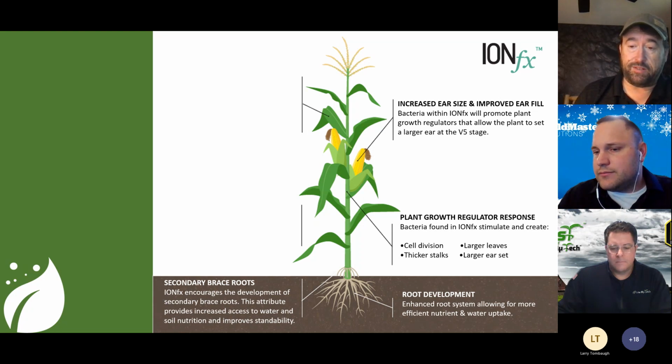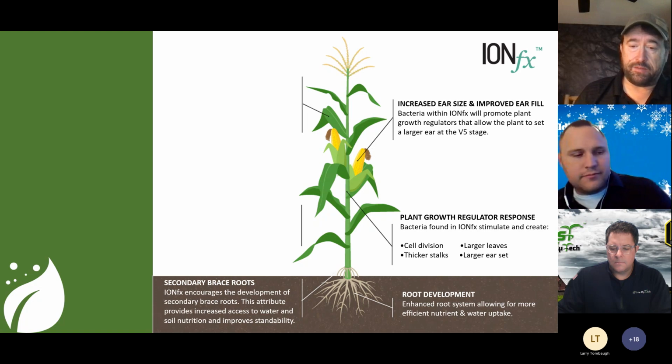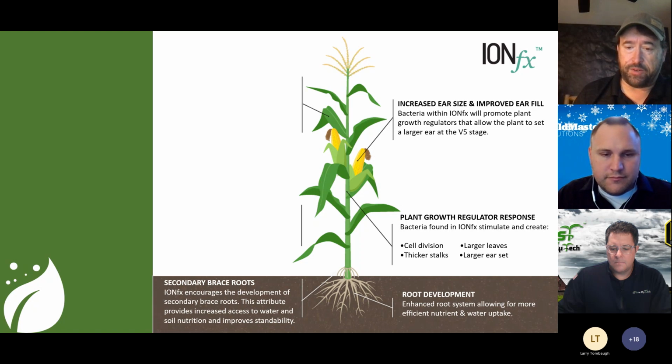It is genetically tied, so it is based on the genetics. The extra rows are very beneficial. By making the plant feel it's happier earlier on and not getting that pH stress during the day, we allow the plant to throw a bigger ear. The rows are kind of key to that.